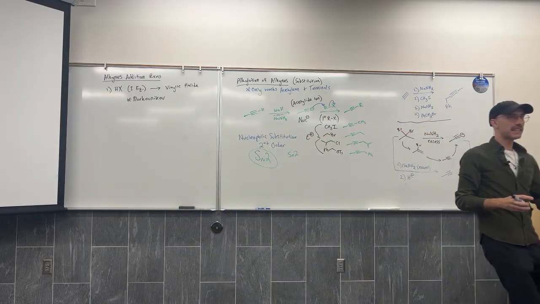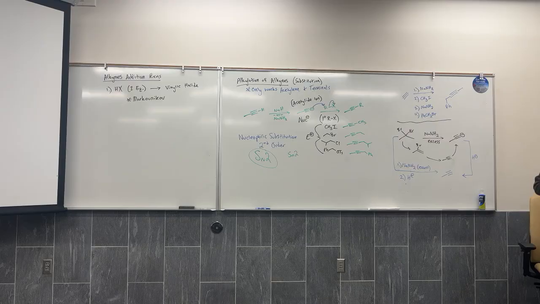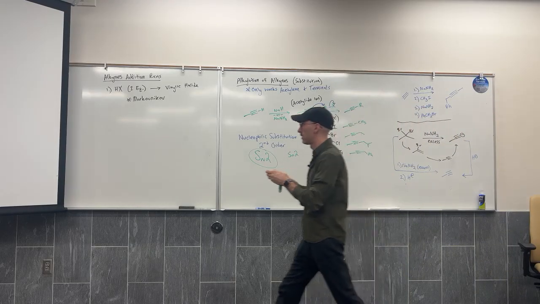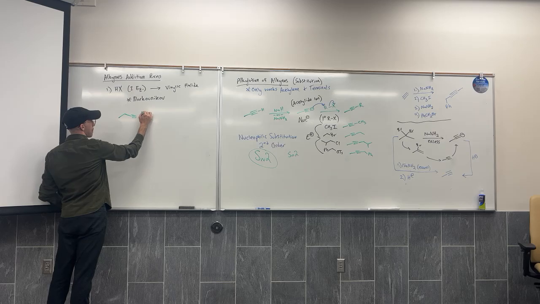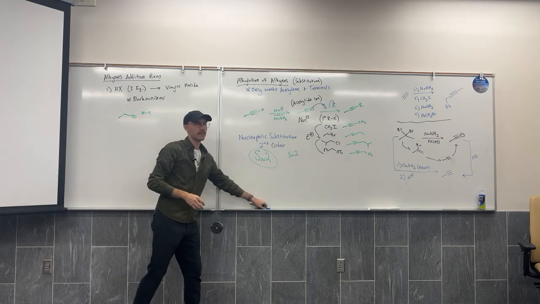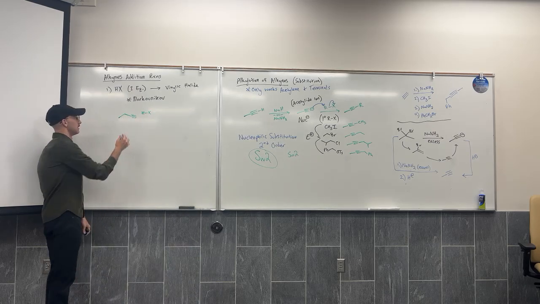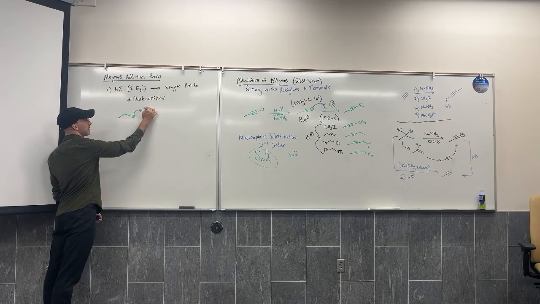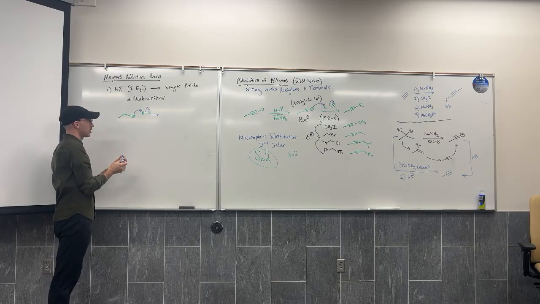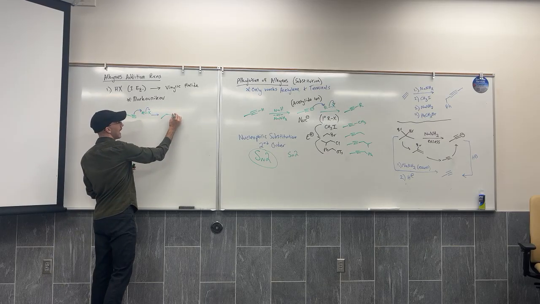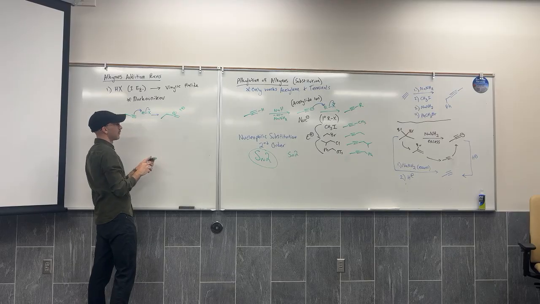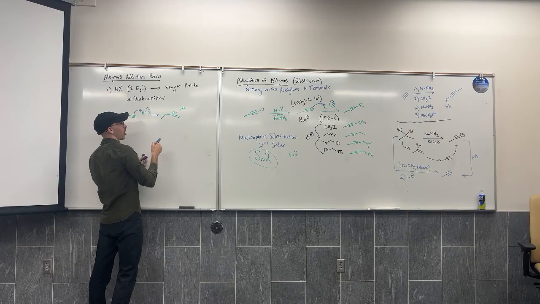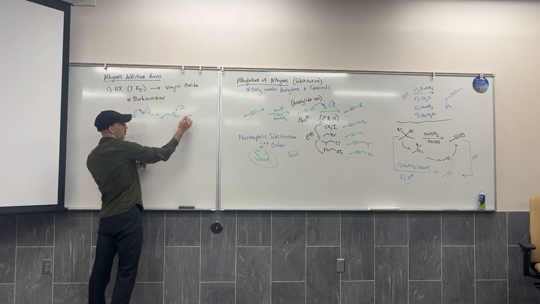Would you guys believe me that you could easily do this mechanism? You've seen this. Pi bond acts as the base. Halide is kicked off. The only difference now is that our carbocation looks kind of weird.